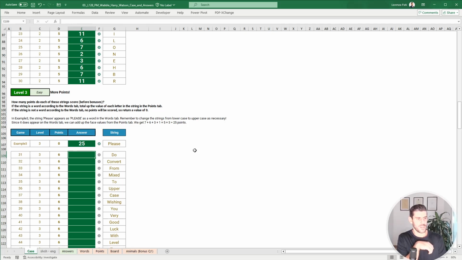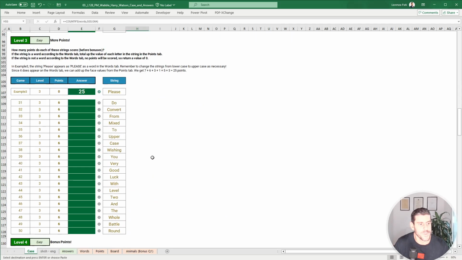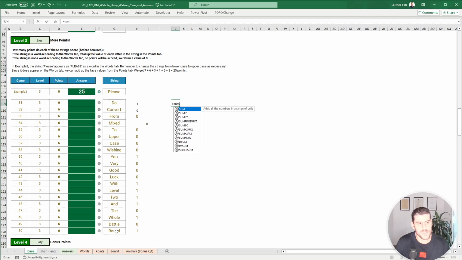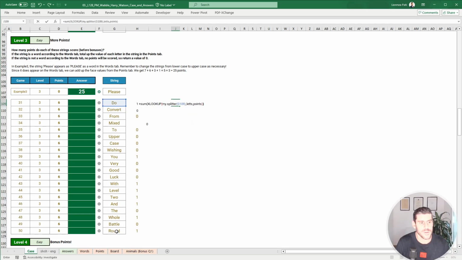So how many points do each of these strings score? First of all, check if the word is valid. So basically that's the idea. Then what I did is a sum of XLOOKUP of the letters split into, you have a LAMBDA to do that, points, and that's it.